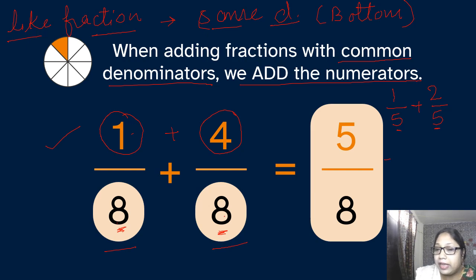So that's why we will write the denominator once. No change with the denominator, में कोई भी change नहीं होगा. Then the numerator is 1 plus 2, which gives you 3 upon 5. This is the addition of like fractions.